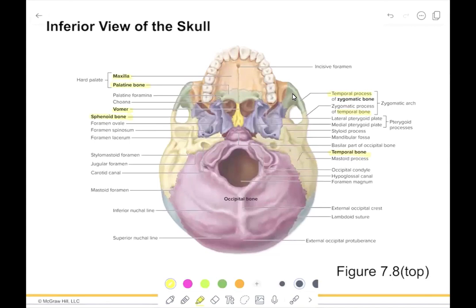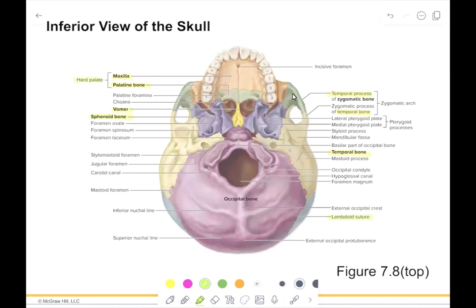And you can see some of the sutures, like the lambdoid suture, for example. There are other important bone markings to know as well, like that the hard palate, for example, is made up of the maxilla and the palatine bones.